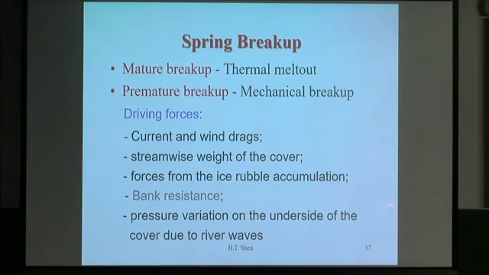A mechanical breakup is a balance of the driving force and the strength of the cover. The driving forces are the current and wind drag, the streamwise weight of the cover along the slope, the force from the ice rubble accumulation, and the pressure variation on the underside of the cover due to river waves. And the bank resistance is the force that tries to balance it.